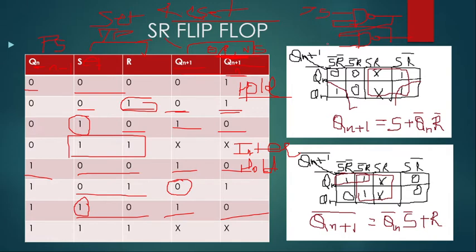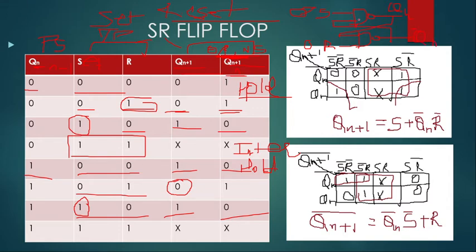So see, when S and R both are same, suppose S and R both are 0, then what will happen? For a NAND gate, when any one of the input is 0, output is 1, and let us say this is Qn and this is Qn bar.